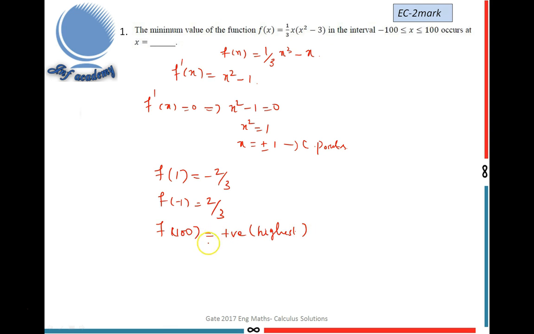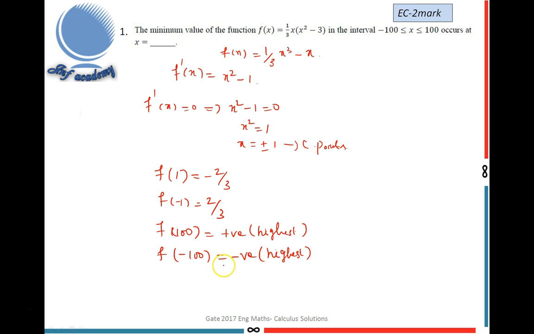So the maximum value occurs at 100. Next, minus 100. Here I substitute minus 100. The magnitude is the same as before, but because of the minus sign in the cube term, I finally get a negative value, and it is the most negative value.